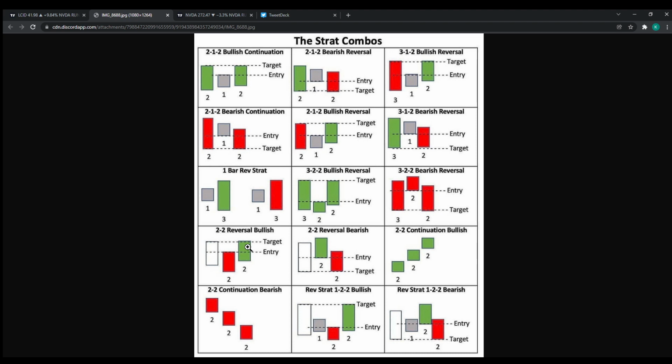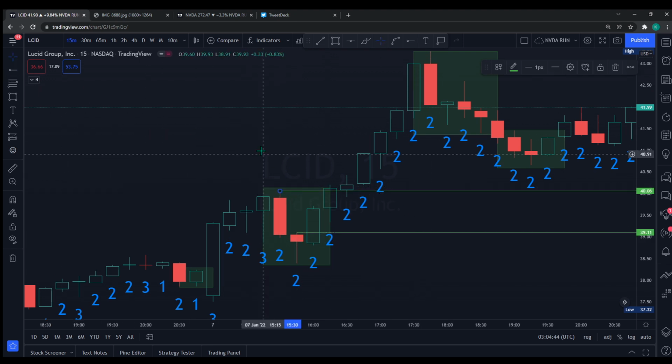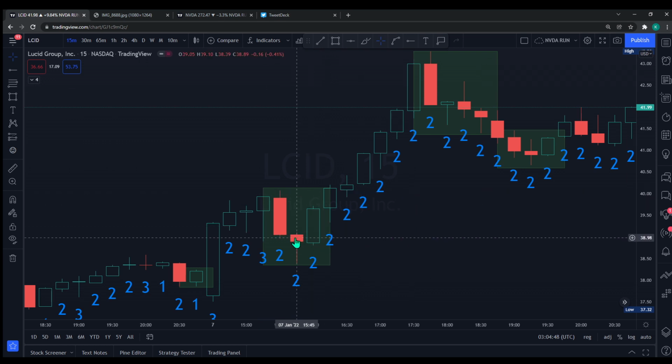Okay, so you can play this reversal, and the way you would play the strat reversal would be the break of this candle, targeting the high of this candle. Okay, so you play this entire break, it hits your price target.